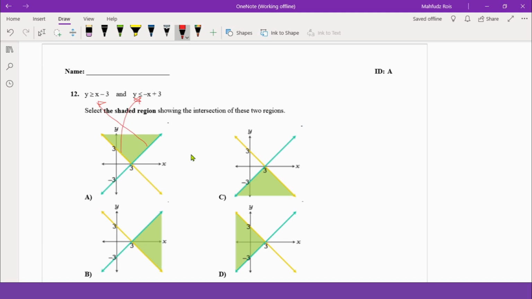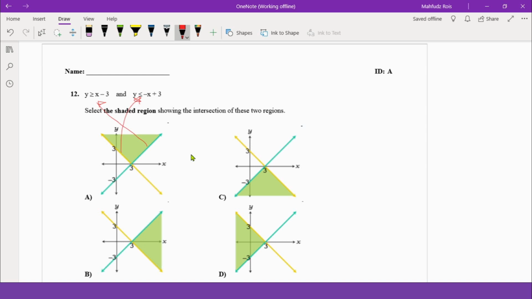For the blue line, you can check (3, 0), and also (0, minus 3), so minus 3 equals minus 3. So this one is representing this equation.